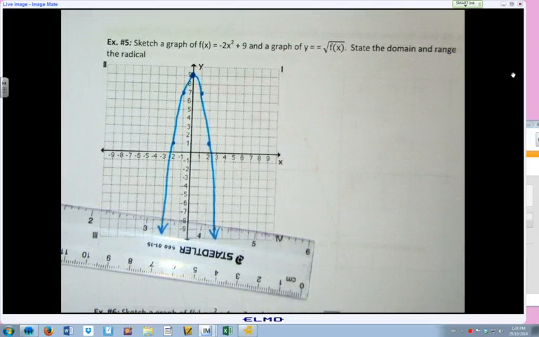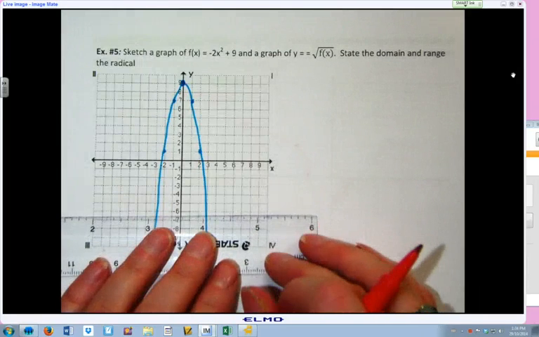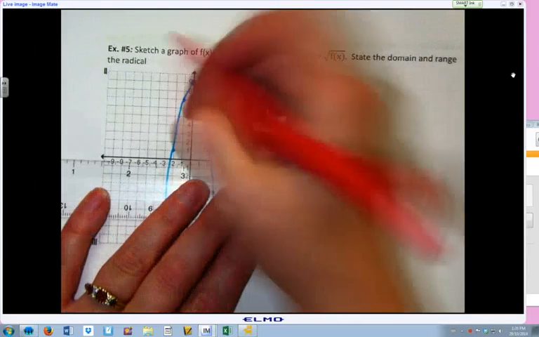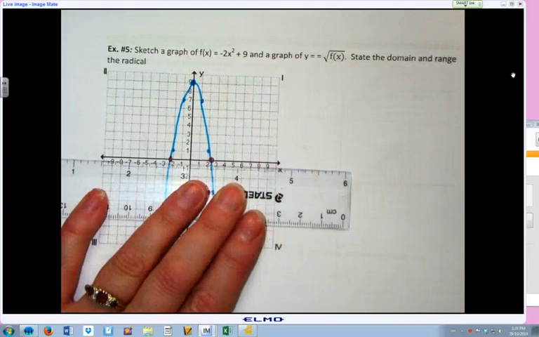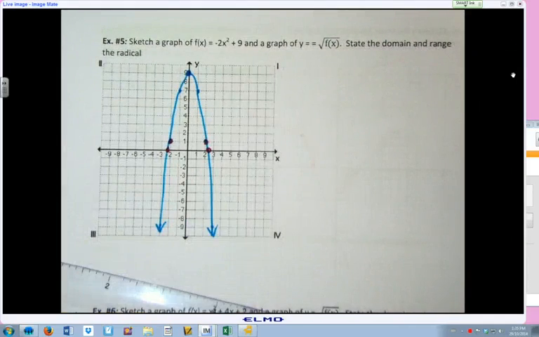Invariant points. What's an invariant point? Why? Their own square roots. So we got two x-intercepts, two values where y equals 1.